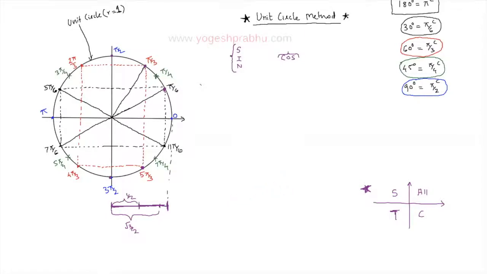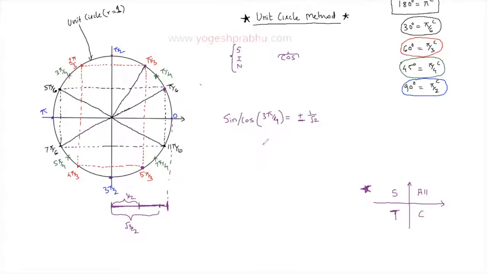Just remember one point, that if you have, whether it is sine or cos, and the value is some multiple of pi by 4, let's say 3 pi by 4, whenever you have pi by 4 or this 4 in the denominator for some angle, please remember the answer is either plus 1 by root 2 or minus 1 by root 2.